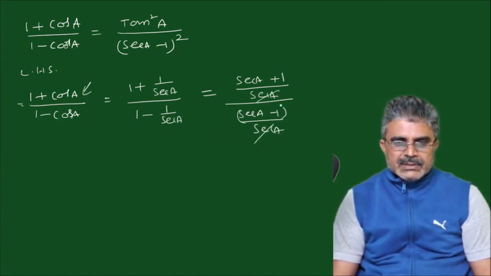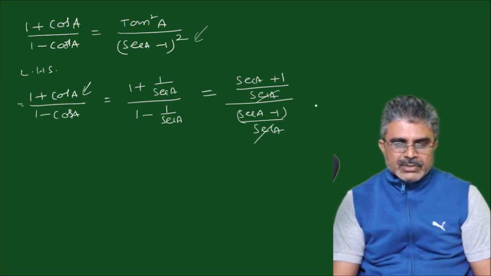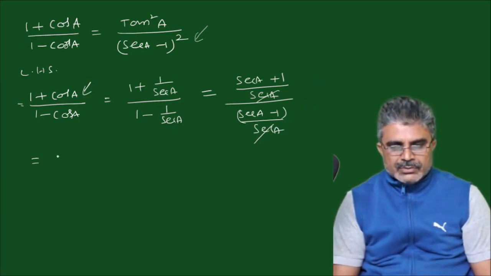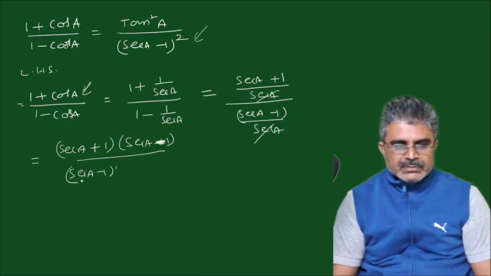Secant A gets cancelled, and in the denominator we have secant A minus 1, but we have to prove in RHS like secant A minus 1 whole square. So if we multiply secant A minus 1 in numerator and denominator, we should get the expression nearby. So I want to multiply that one, secant A plus 1 into secant A minus 1 divided by secant A minus 1, earlier it is, and also you are multiplying with secant A minus 1.